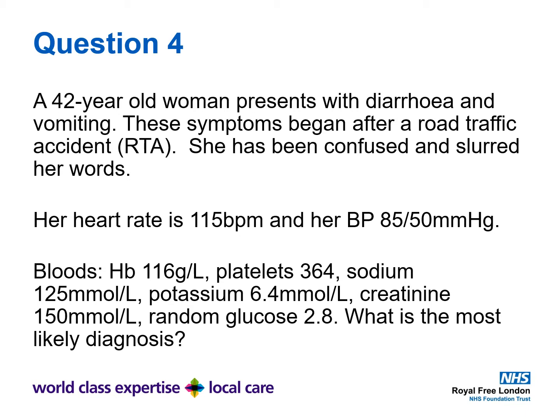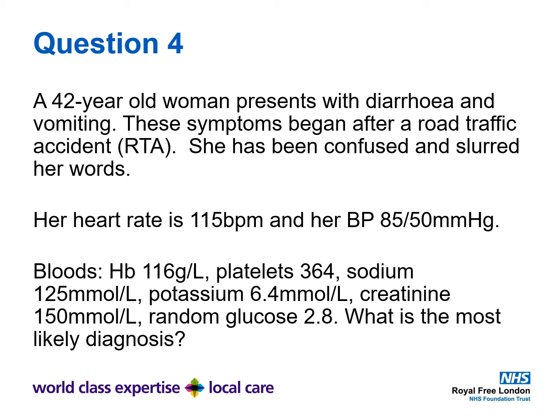Question 4. A 42-year-old woman presents with diarrhea and vomiting. These symptoms began after a road traffic accident. She has been confused and slurred her words. Her heart rate is 115 beats per minute and her blood pressure is 85/50. Her bloods show an HB of 116 grams per litre, platelets 364, sodium 125 millimoles per litre, potassium 6.4 millimoles per litre, creatinine 150 micromoles per litre, and random glucose 2.8.